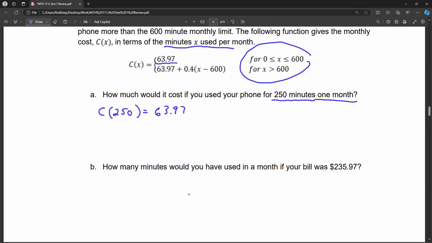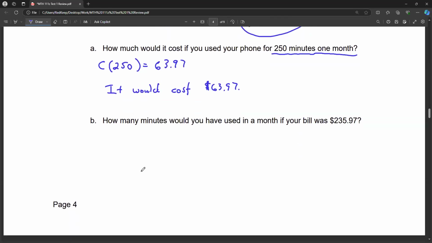And since this is a story problem, we kind of want to put it in context of this exact scenario. So we'd probably say something like, it would cost, because they're asking how much it would cost if we use 250 minutes. The output of this function is in dollars. So it would cost $63.97. Perfect.